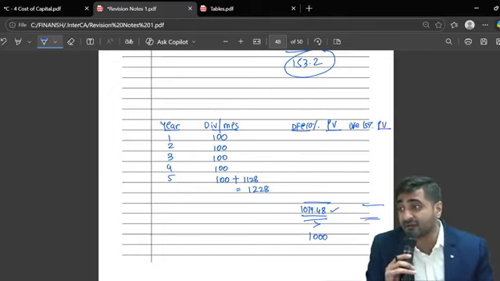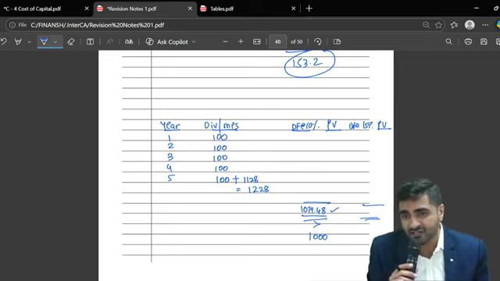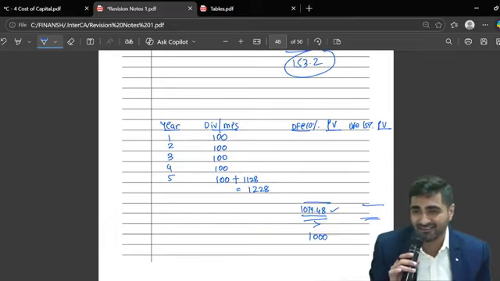Now you must be wondering, sir, why not 13 or 12 or 14? You can take any particular percentage. But in the trial and error method, we will take it at 15% and we will check what is the discounting which is coming at 15%. Okay.